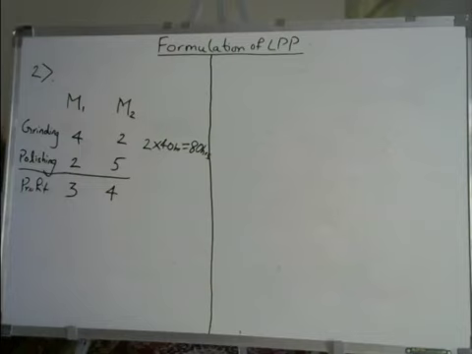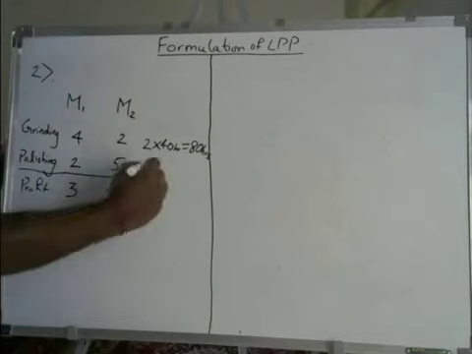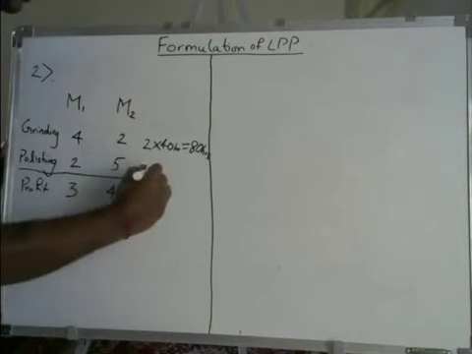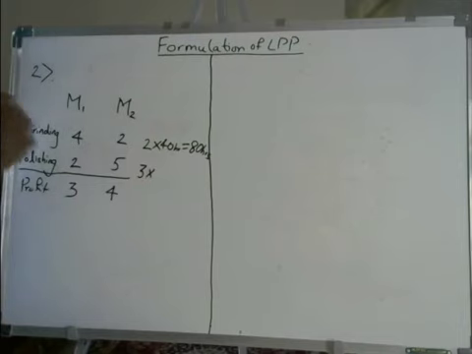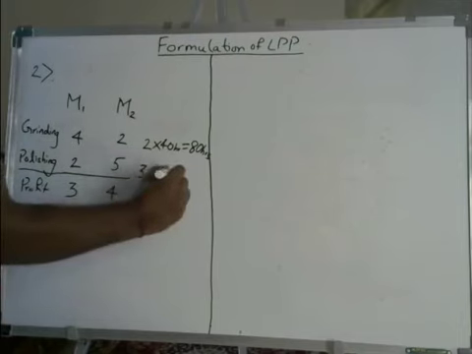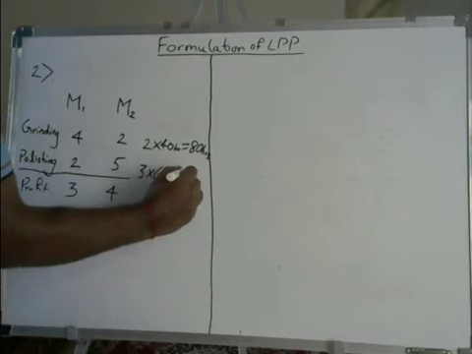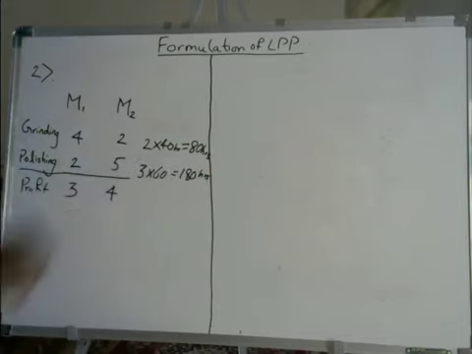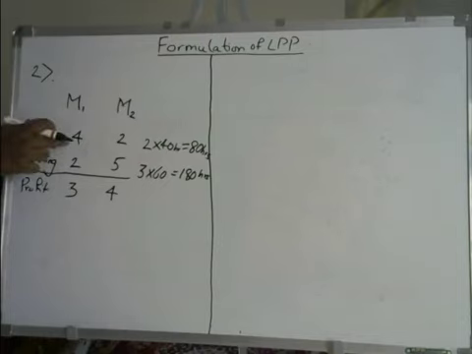Similarly, there are 3 polishers and each is available for 60 hours. The total duration which we have is 180 hours.